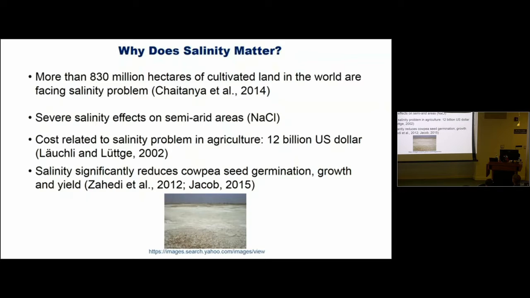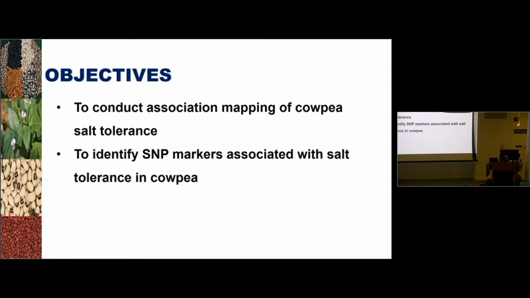With respect to cowpea, salinity significantly impacts germination, growth, and yield. So therefore, the objectives of this study were, first, to conduct an association mapping for cowpea salt tolerance, and then identifying afterwards some SNPs associated to cowpea salt tolerance at the seedling stage.